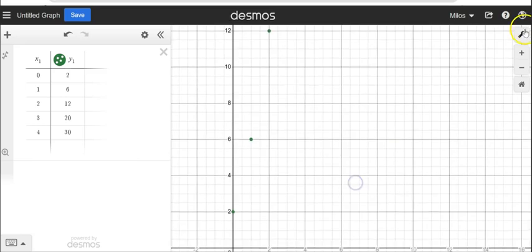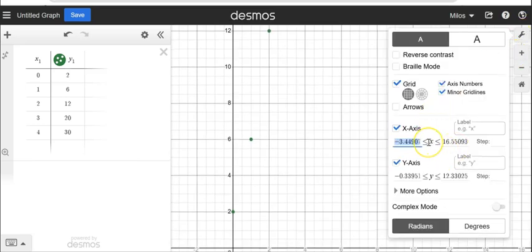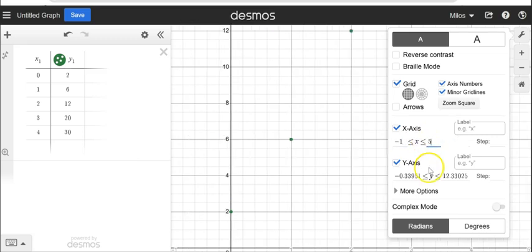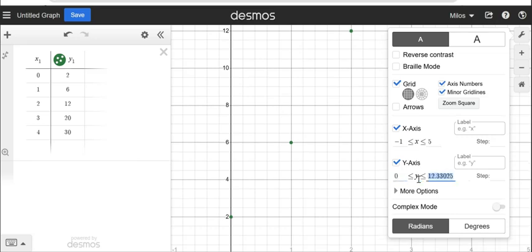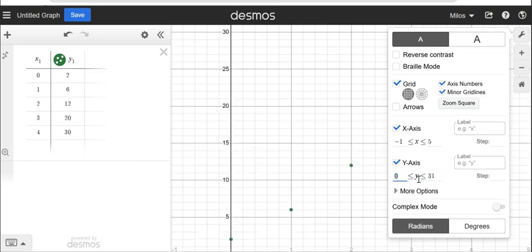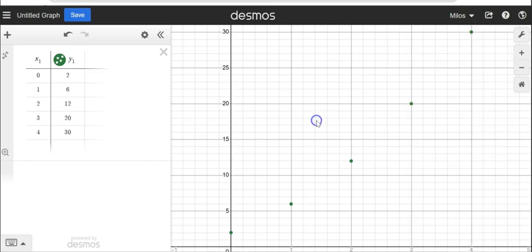And we can, of course, take a look at these values, set our x-axis to go from -1 to 5, so we can see a little bit on either side. And then y will set to go from 0 to 31. Actually, maybe -1 to 31, so I can get the full picture.